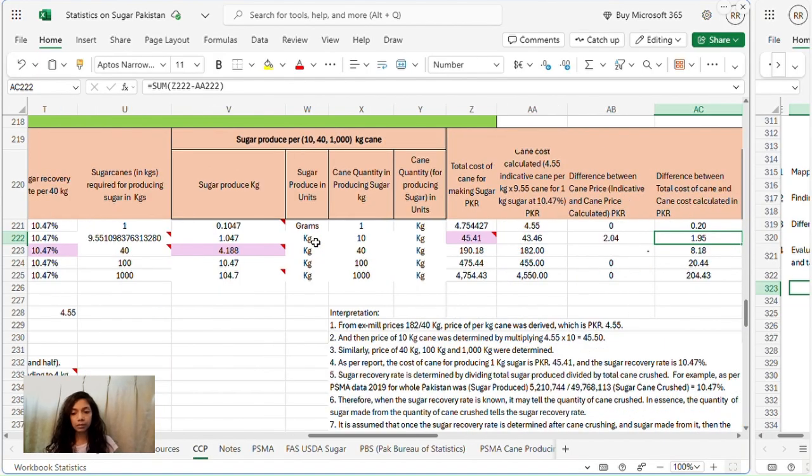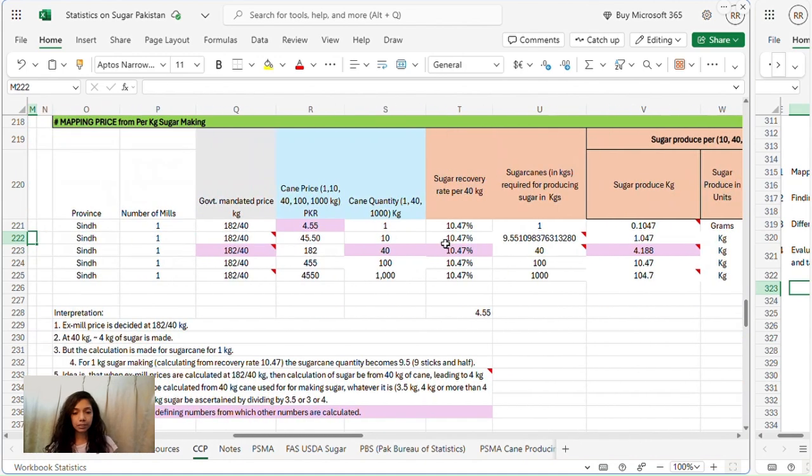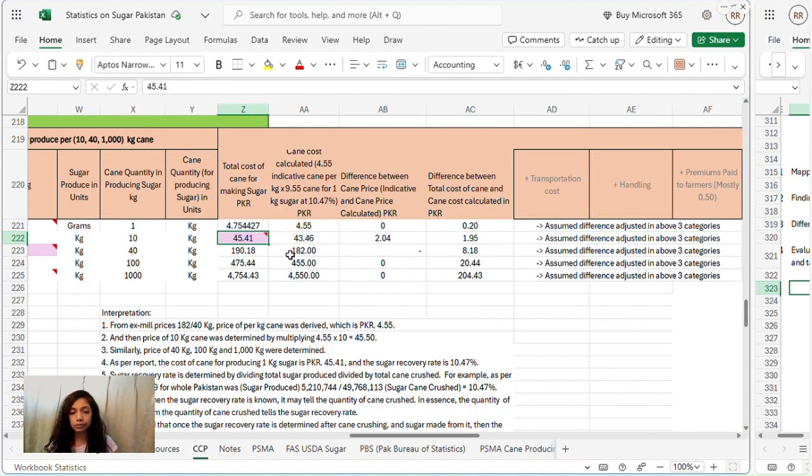So if we deduct 45.50 with this one, there is a difference of 9 pesos. So this is 45.41 that the mills are finding to produce 1 kg of sugar with 10 kgs of cane. For them the cost is 45.41, whereas as per indicative mill, if we try to evaluate, the price becomes for cane is 45.50. Now we are also going to discuss the differences and what these mean here in detail.